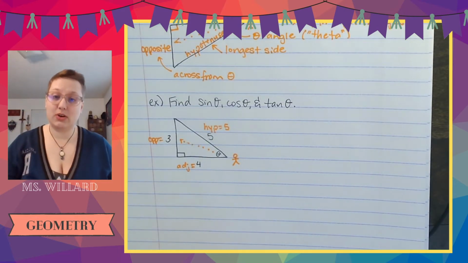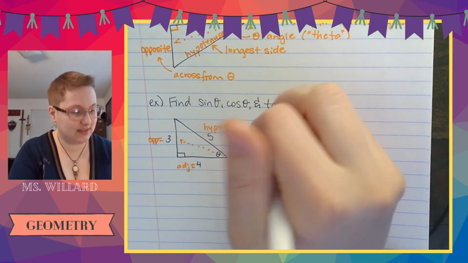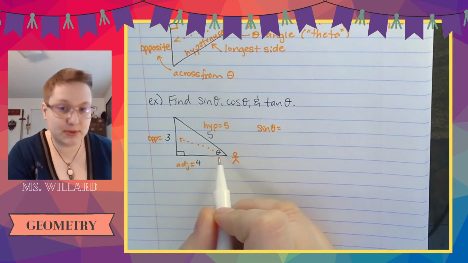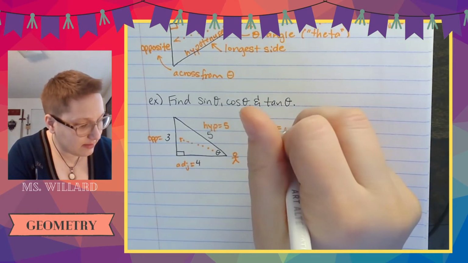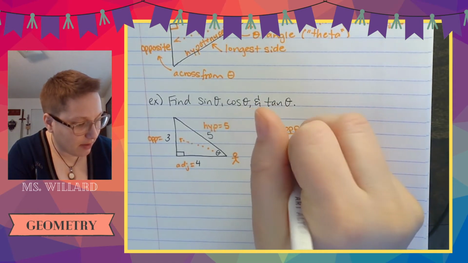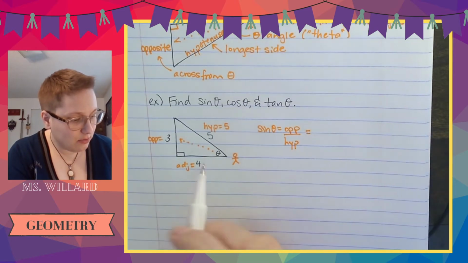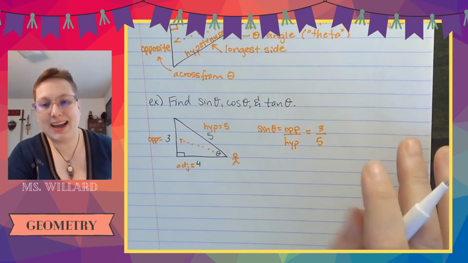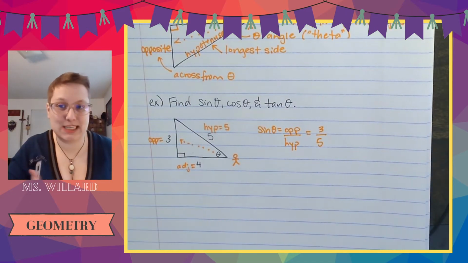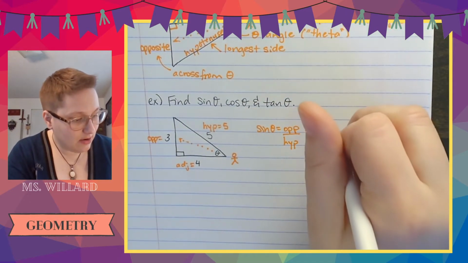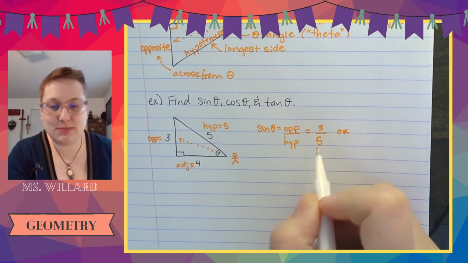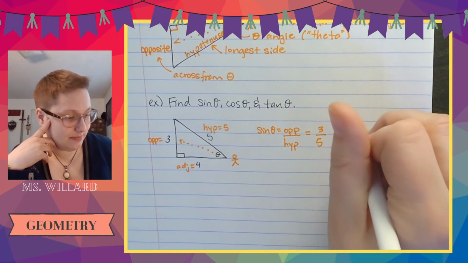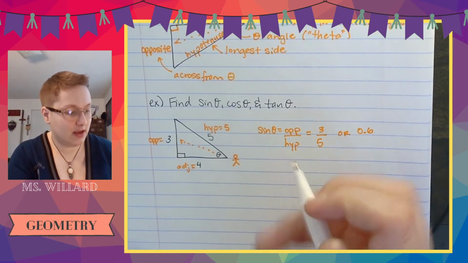Okay, so my sine theta is equal to opposite over the hypotenuse, which is equal to 3/5. I can change this to a decimal if I so desire. Normally we leave them as fractions, but if it makes your heart happy, we can do it as a decimal too. So that would be 0.6. Okay.